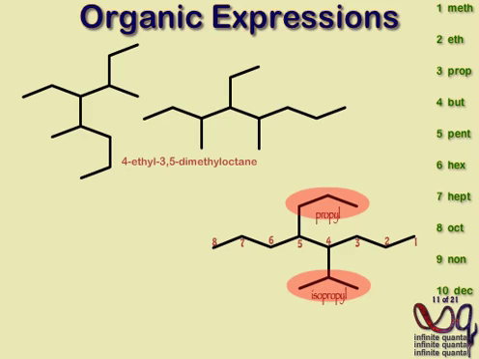Isopropyl. You ever hear of isopropyl alcohol? That's rubbing alcohol. It looks something like this. Here's the red line connecting to the main chain, CH. There's only 1 hydrogen on that carbon. And then there are 2 CH3s connected to that CH.